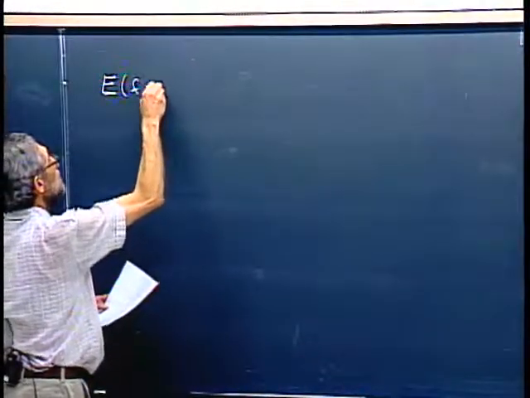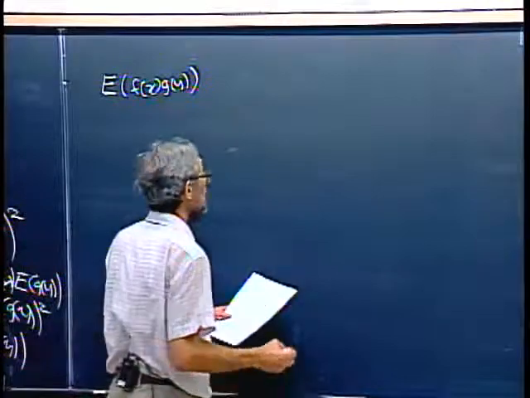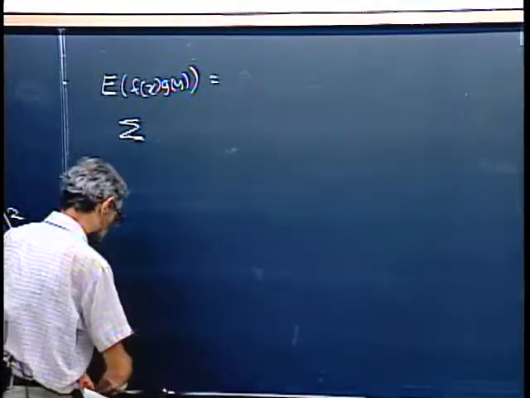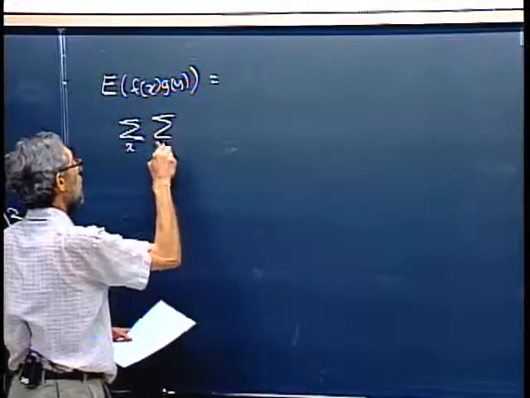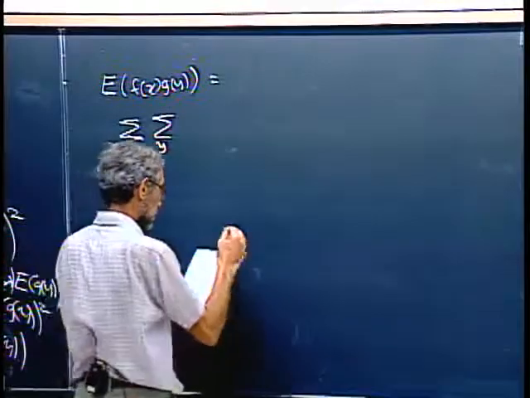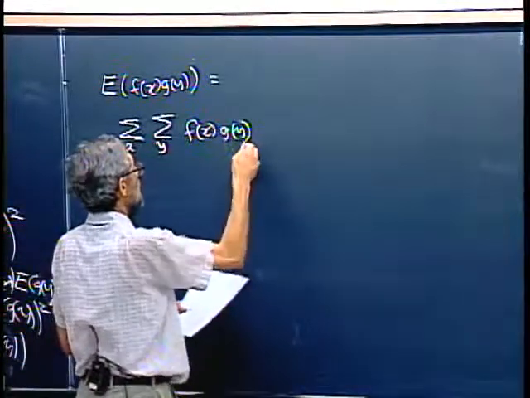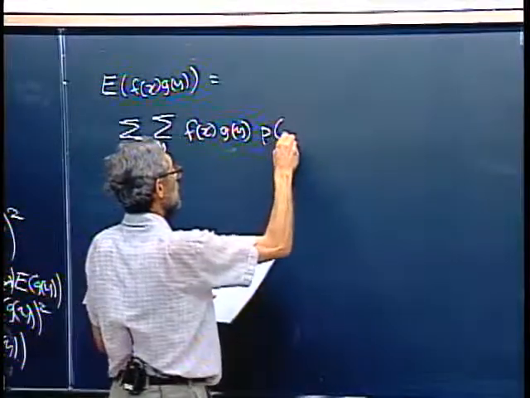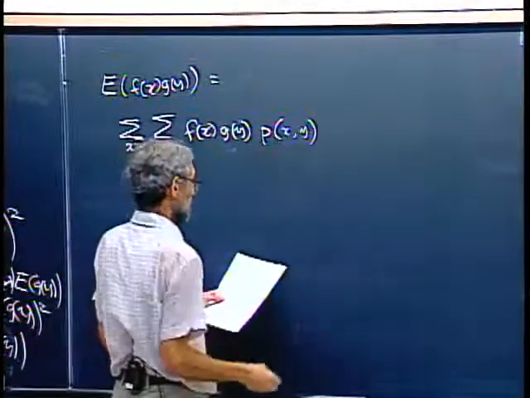So if I look at this expectation of the product, one way to write it is the double sum over all x and all y of f of x, g of y, times the probability of x and y.